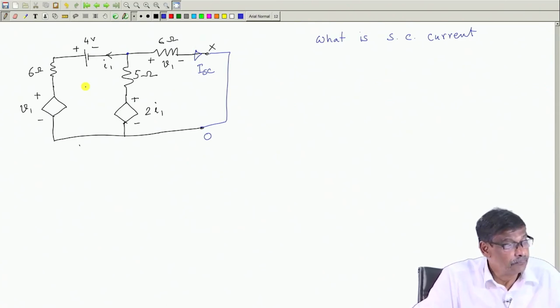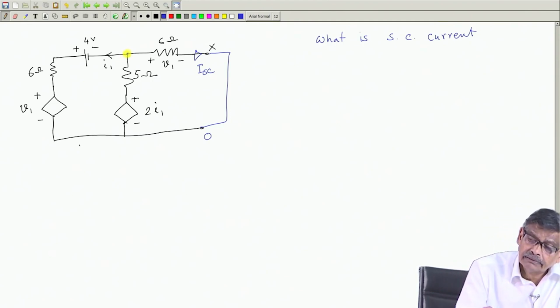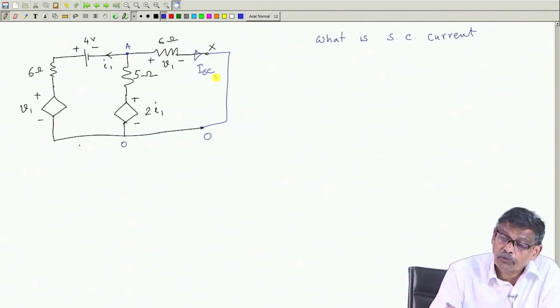So, what do I do? You note that this point is X, this point is A, this point is O. Now, voltage across XO, because you have short circuited, is equal to 0.